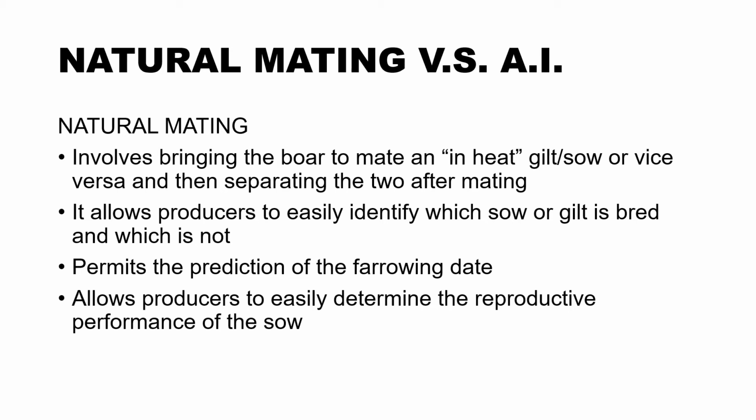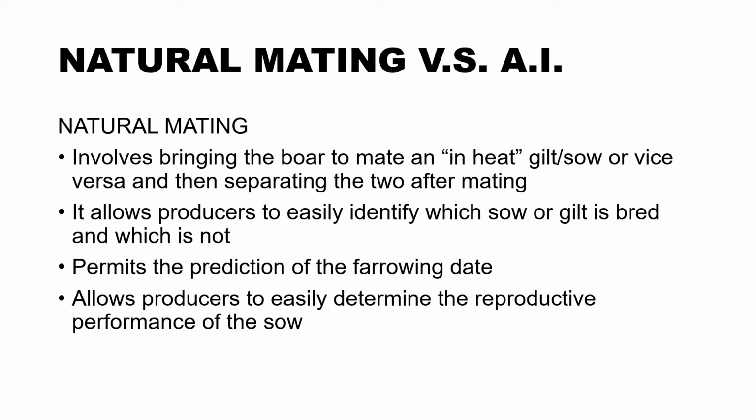So sa natural mating, it allows producers to easily identify which sow or gilt is bred and which is not. Kasi nga, basically when we say natural mating sa mga baboy natin, lalong-lalo na if nakahiwalay naman yung sow mo sa boar mo, yung natural mating can also be called hand mating kasi you assist yung mga baboy natin.